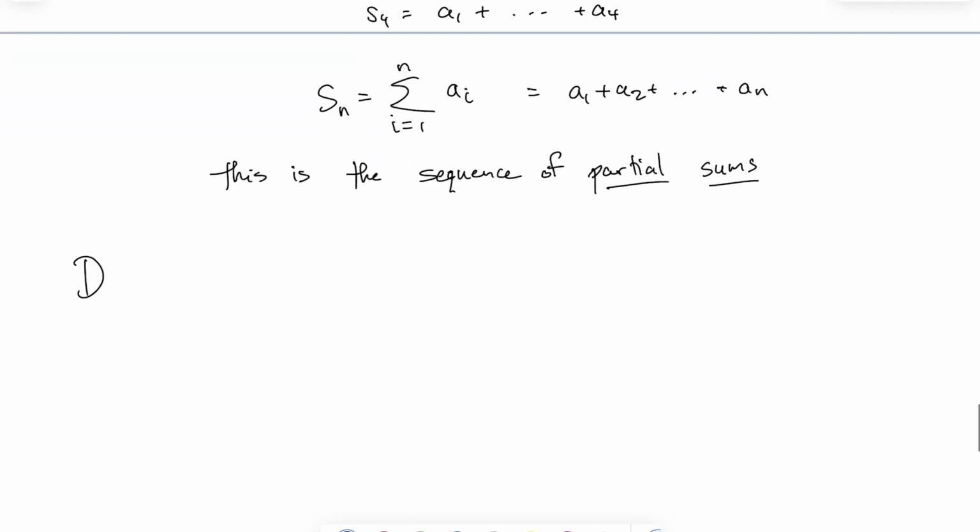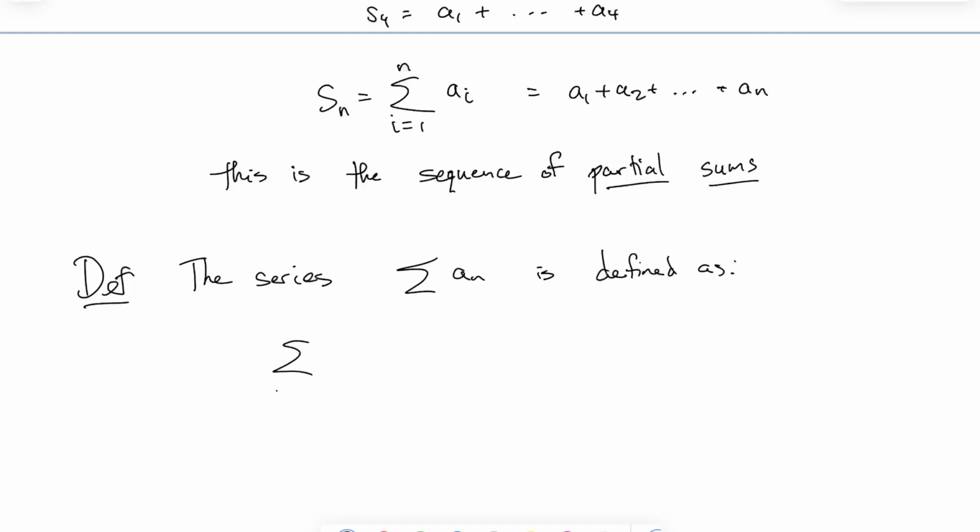And now here's the real definition. The series sum a_n, written out as the sum from n equals 1 to infinity of a_n, is defined as the limit as n goes to infinity of S_n. This is the definition of what we mean when we say add up all the terms, all infinitely many terms.